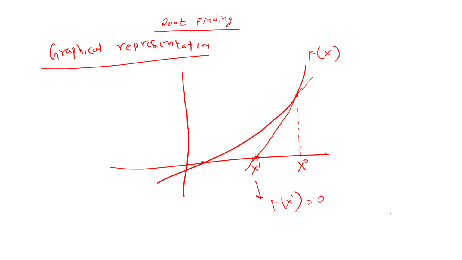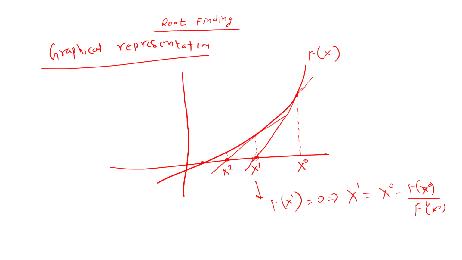Then only I will get that x1 is nothing but x0 minus f of x0 upon f prime x0. Then at the second iteration, I do the linear interpolation at this particular point. And this is how I will reach x2.